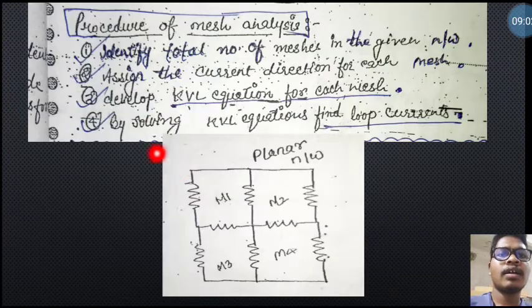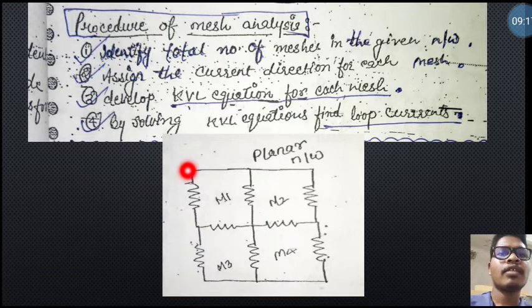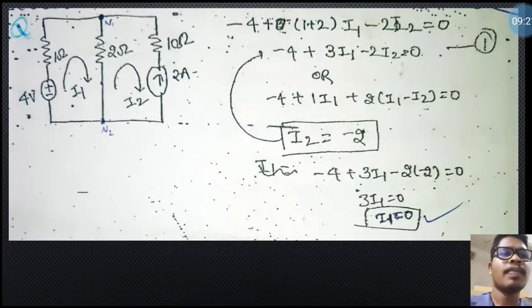After that, develop the KVL equation for each mesh. We have applied the KVL equation here, and we get equation number 1, then a KVL equation here, and we get equation number 2. So by solving the KVL equations, find the loop current. By applying this I2 value here, we will get the I1 value. So the loop current will be found.